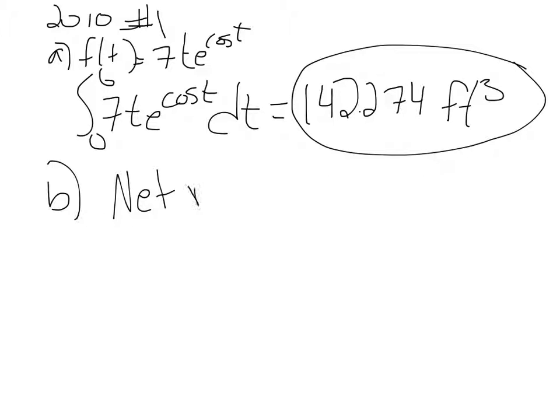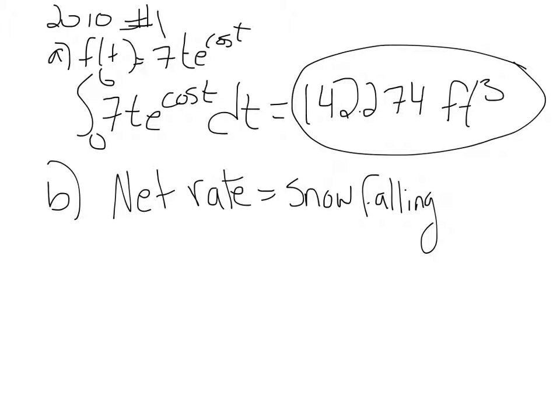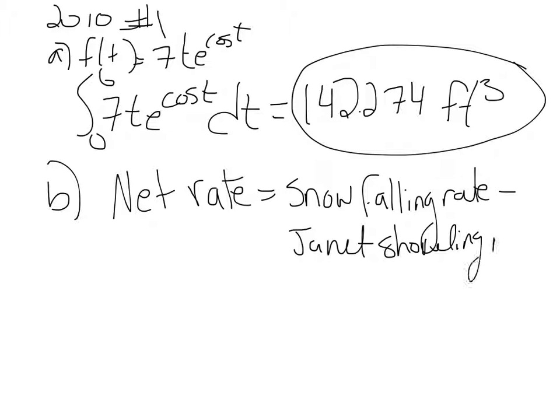So a net rate is the snow falling rate minus Janet shoveling rate.